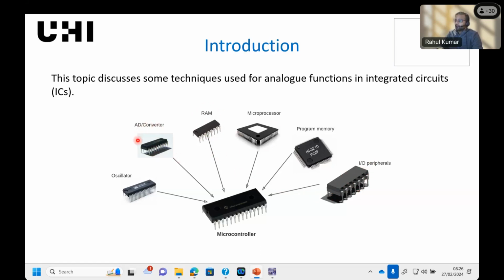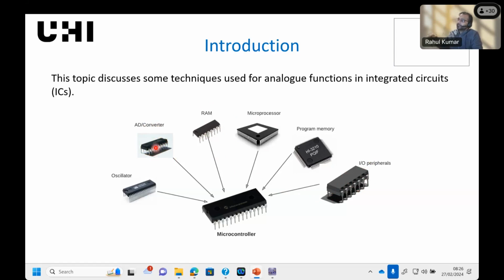Then they also have analog to digital or digital to analog converters, because most of the real world signals are analog in nature, right?